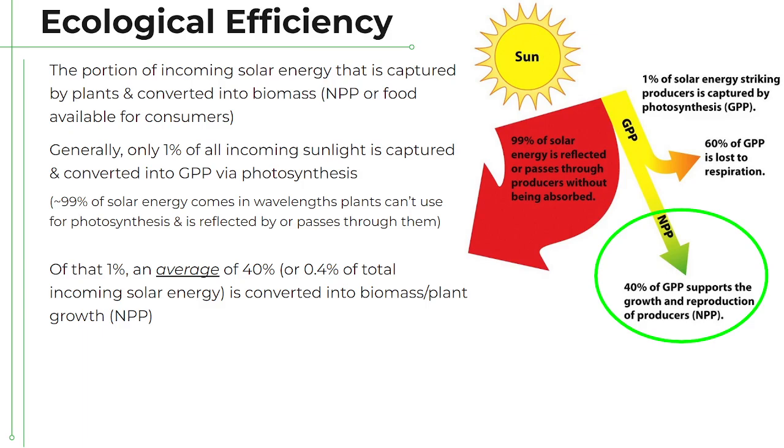And a lot of that we experience as the heat that helps to warm our atmosphere. In reality, of the energy that plants take in, about 60% is used for themselves, and then about 40% ends up being what's stored, or what ends up quantifying and over time resulting in our net primary productivity.